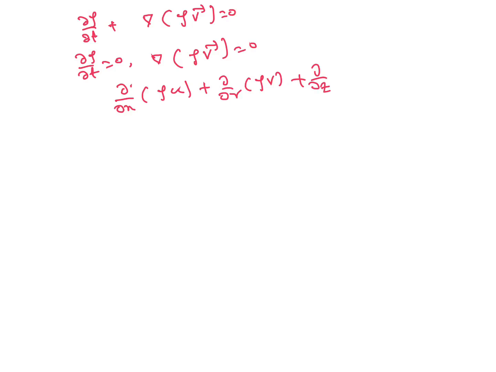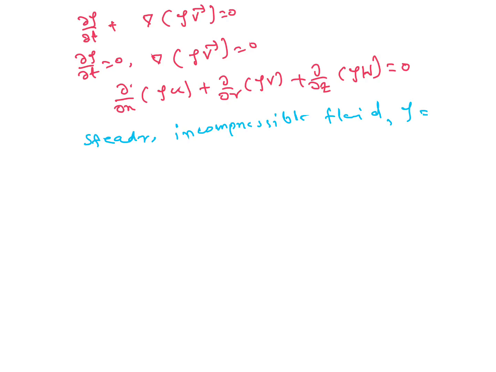For steady and incompressible fluid, rho is constant. In that case, we will get del by del x of u plus del by del y of v plus del by del z of w equal to 0.